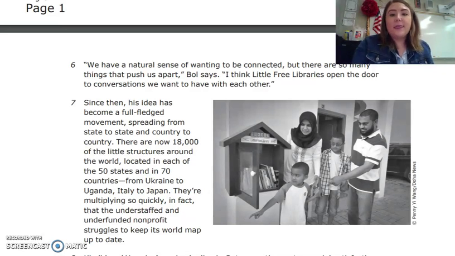So I feel like that line right there, I would underline that line, because I feel like that's a reason or a purpose behind maybe the creation of the idea of Little Free Libraries. It's more about conversations than just going and swiping a library card and picking up a book. So I would probably underline that or star it because I feel like that's important.